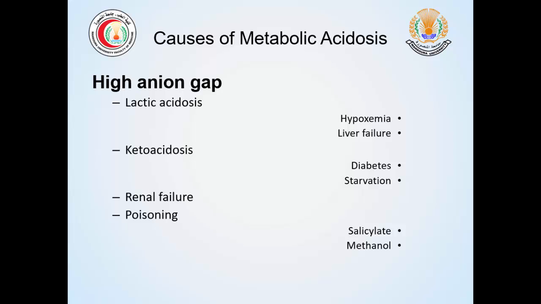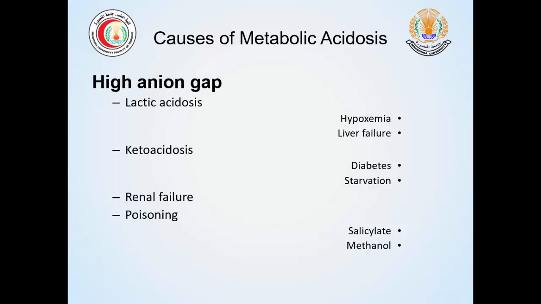The causes of metabolic acidosis due to high anion gap are any cause that results in added acid to the circulation, like lactic acidosis in case of hypoxemia and liver failure, ketoacidosis in case of diabetes and starvation, and renal failure. Renal failure is acidosis with high anion gap.